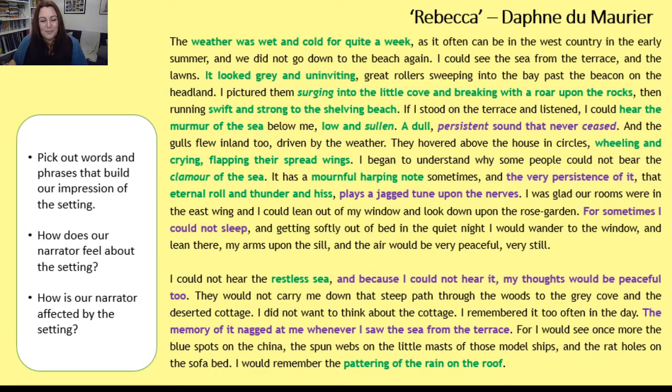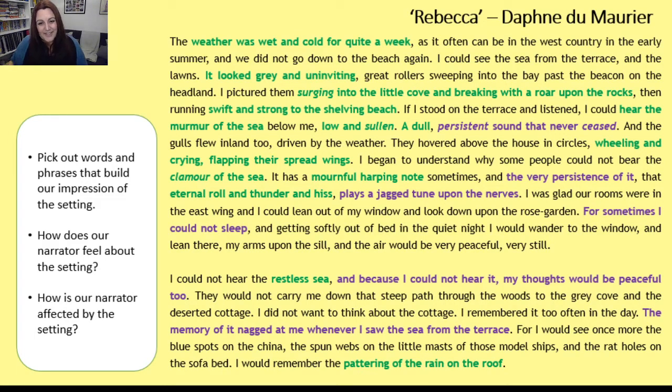So you will know if something gets on your nerves, something annoys you. It's just something that you're annoyed with and you've had enough of it. So here, it's not only something that's getting on her nerves, it's playing a jagged tune upon the nerves. It's playing with her nerves. And it's not just playing anything, it's playing a jagged tune.